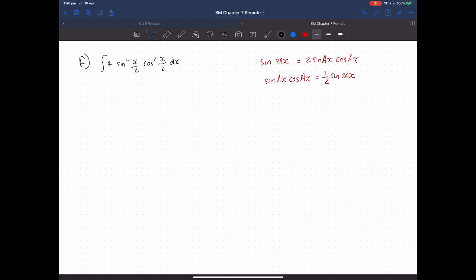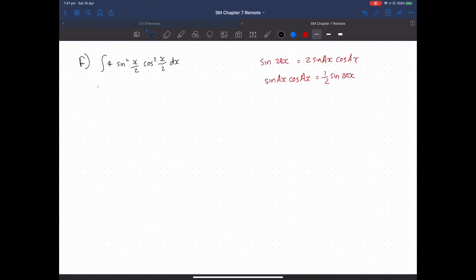In this problem, we are again going to be using the double angle formula for sine. If you consider this question, we've got the integral of 4 sine squared x on 2 times cos squared x on 2 dx. You can see there is a similarity with the double angle formula for sine.